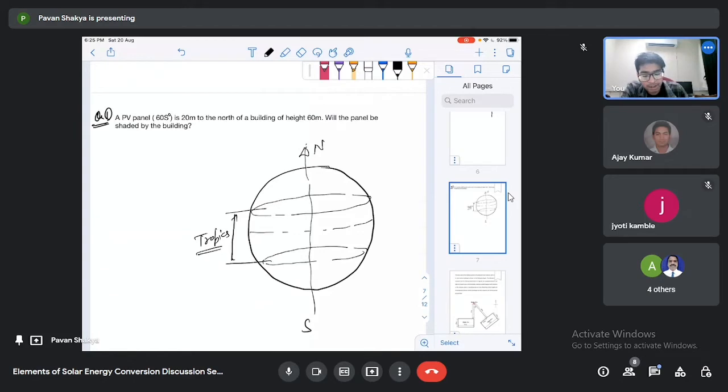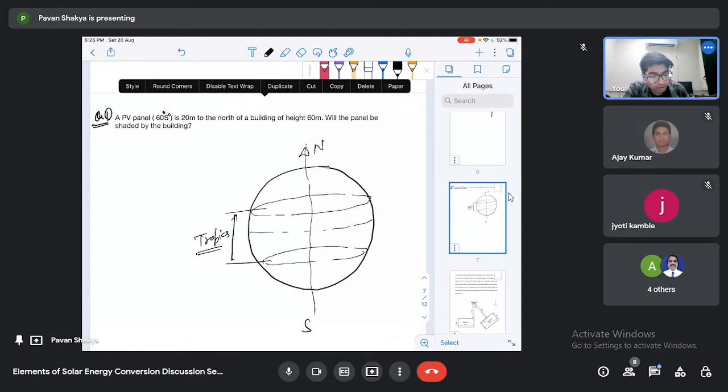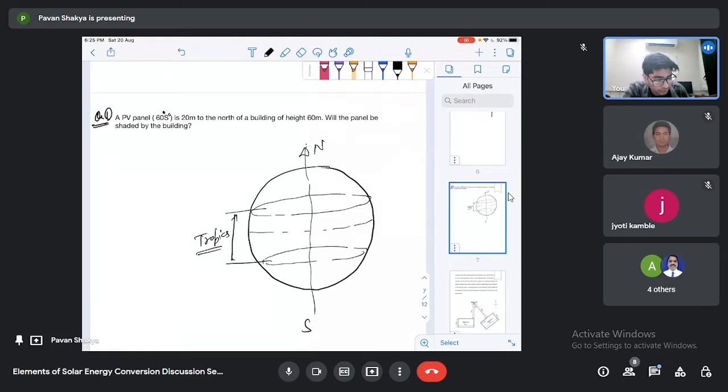Now in the problem it is given that the location is 60 degrees south. So first you have to draw the observer receiver position, that is 60 degrees south. You know that this one is minus 23.45 degrees south, so this 60 degrees south will fall below this tropic line, the Tropic of Capricorn.